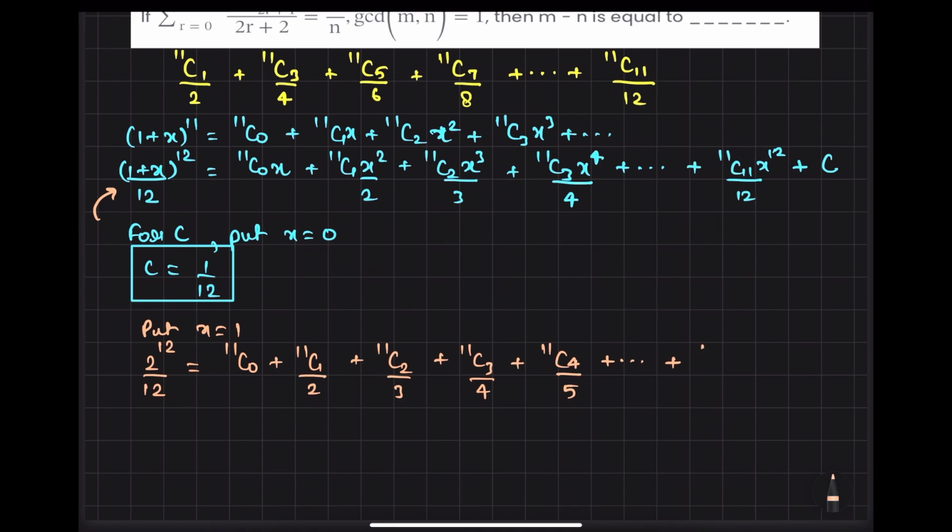The last component is 11c11 by 12 plus c. So we got this equation A if we replace x with 1.